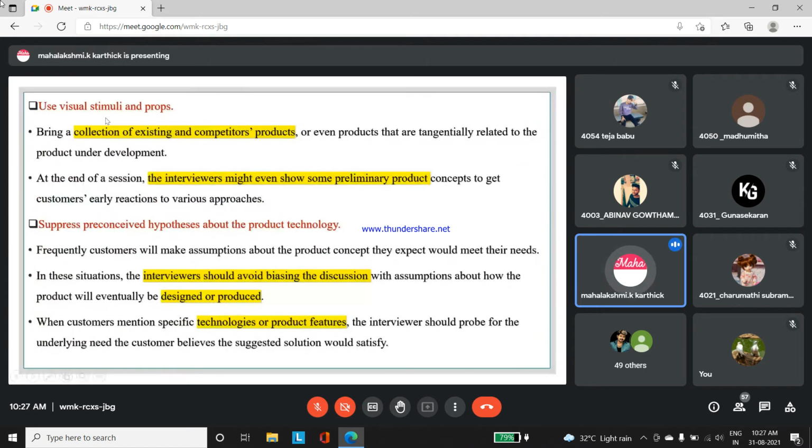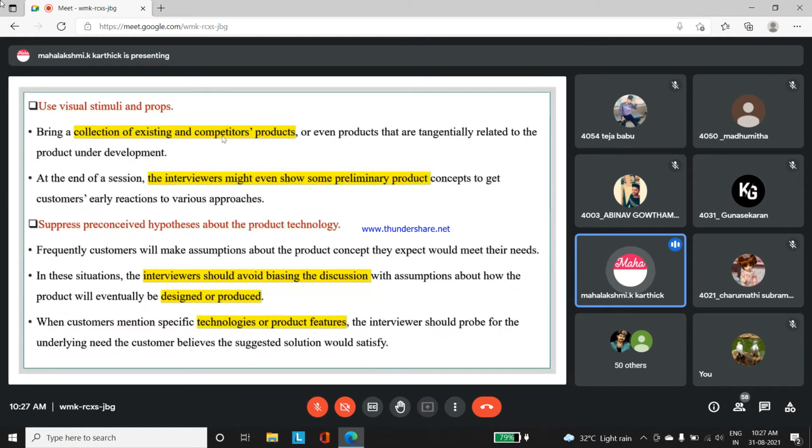Use visual stimuli and props, meaning bring a collection of existing and competitive products. You may have to show them visually. For example, our product will closely relate to the specification mentioned by Apple or Samsung.